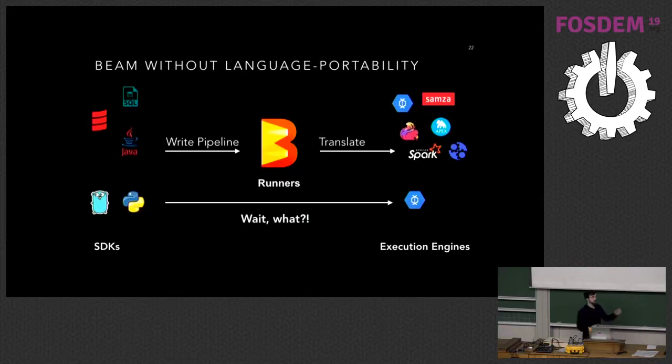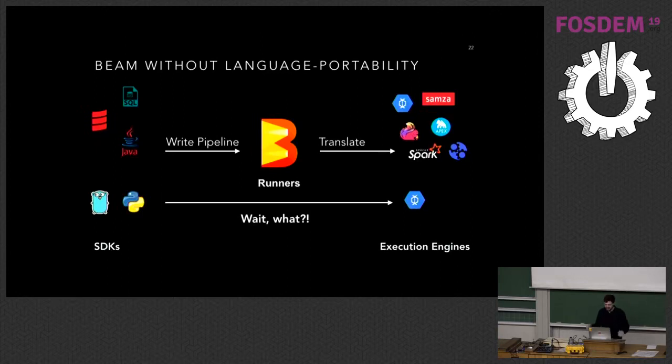So I was actually lying a bit to you. This whole portability, language-wise, doesn't really, or didn't really, work. It used to be the case that we basically only supported Java and Scala in the open source world, and when you used the Google Cloud, you could run Python, which is not so cool, right?